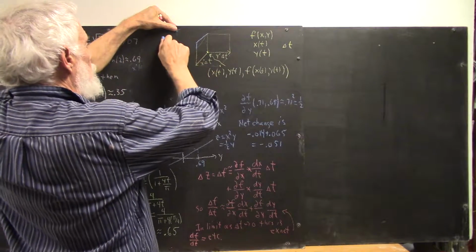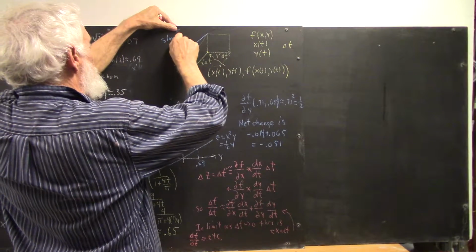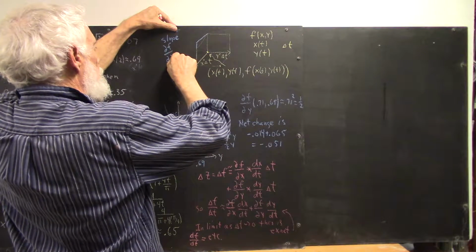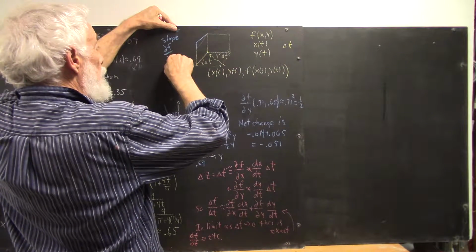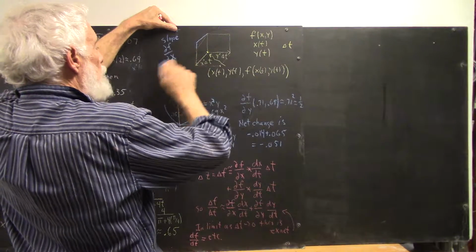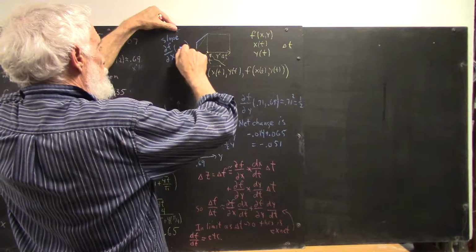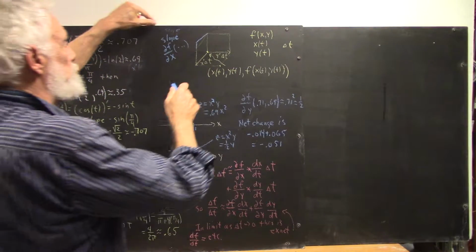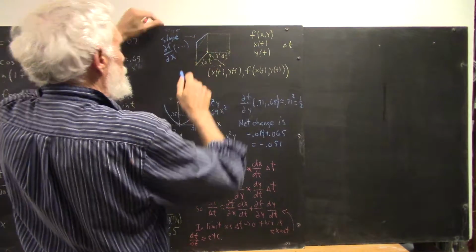Okay? The slope is partial of f with respect to x evaluated at this point. So that's the slope here.